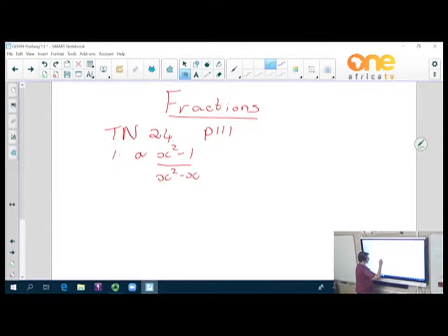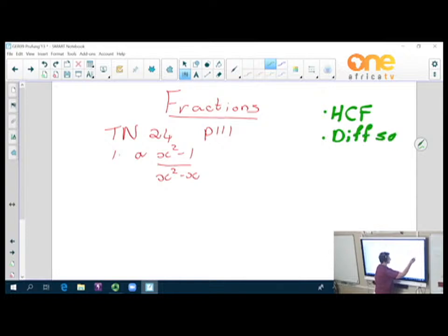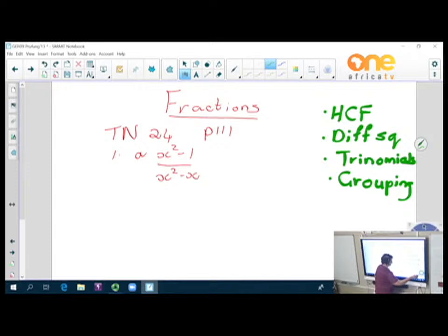If I factorize here, remember, we had the 4 steps: the highest common factor, the difference between squares, we had trinomials, and we had grouping. So we are still working with that factorization.